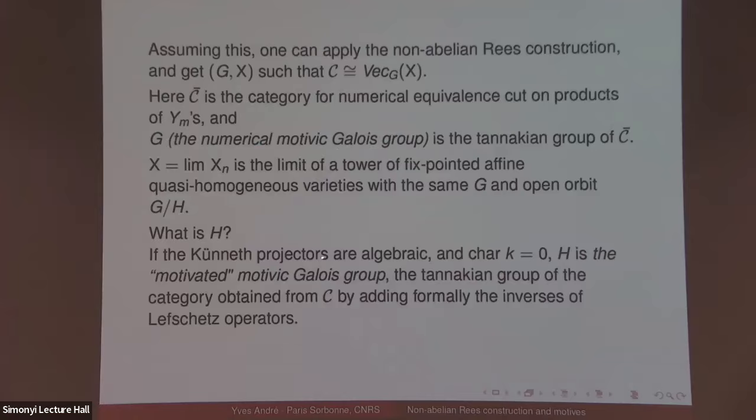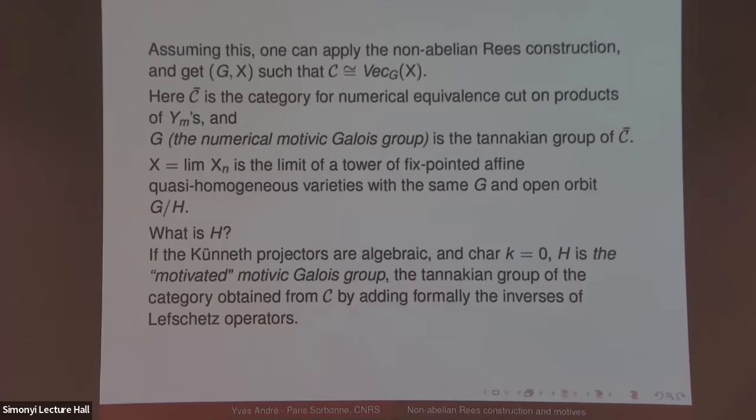Well, I assume for simplicity that the Künneth projectors are algebraic and the characteristic of the base field is 0. In that case, this H is just the motivated motivic Galois group, which I produced long ago. And so to speak, this X is a partial compactification of the quotient of the numerical motivic Galois group by this motivated motivic Galois group.